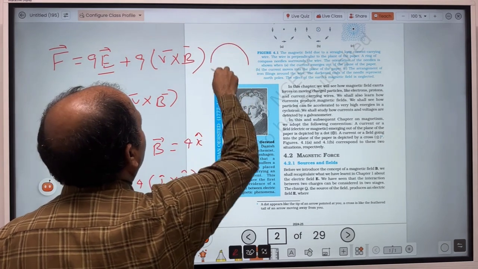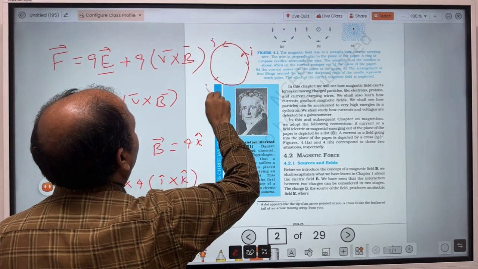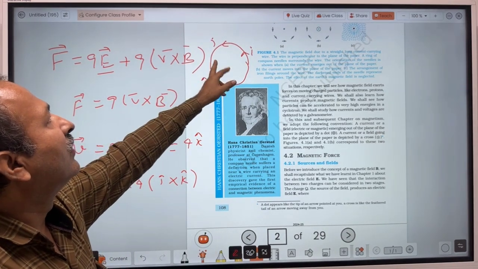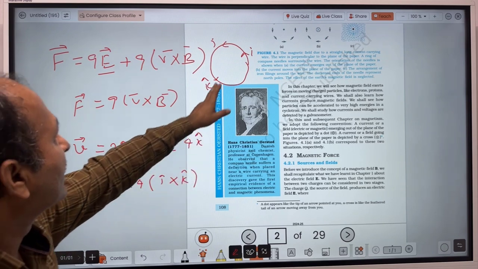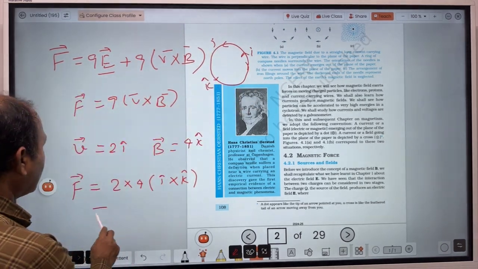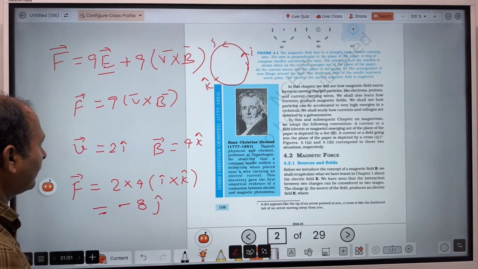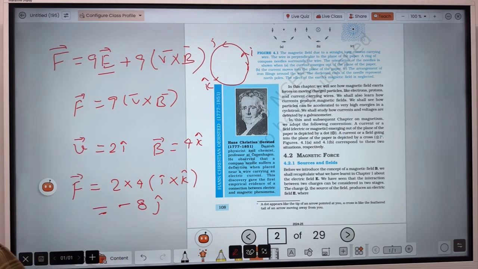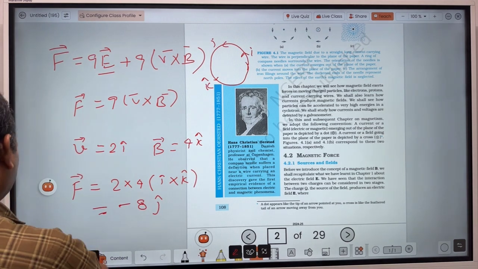If you remember the rule, if you write i, j and k and you move in order, then the cross product of any two will give the next one. Here i cross k is just opposite to the order, so it will give minus j. So it will become minus 8j, along the y-axis but towards the negative y-axis. So this is how we can determine it.